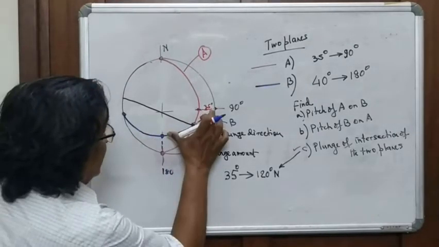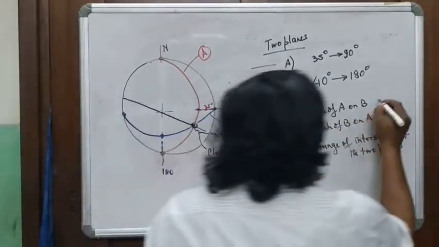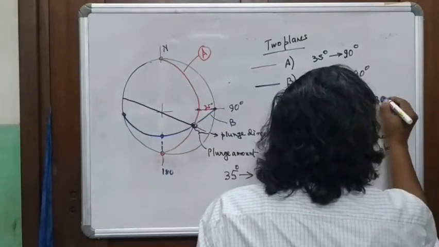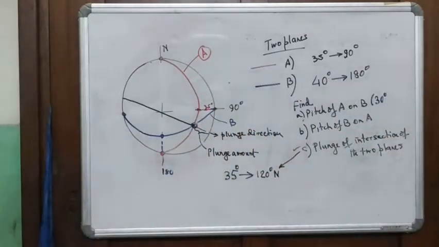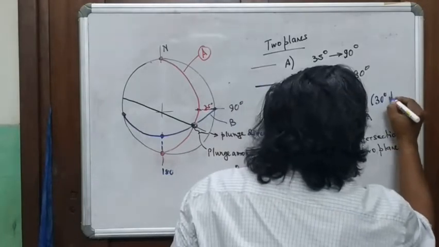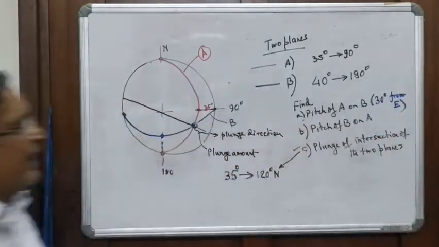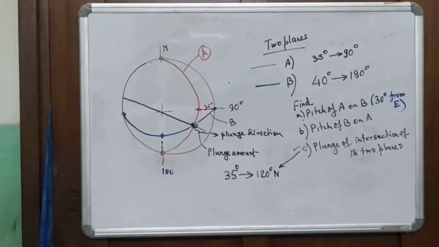This is 90 degrees and this is another 90 degrees. So you can see the answer would be, say, 30 degrees. But that's a wrong answer. You have to say from which end? 30 degrees from east.